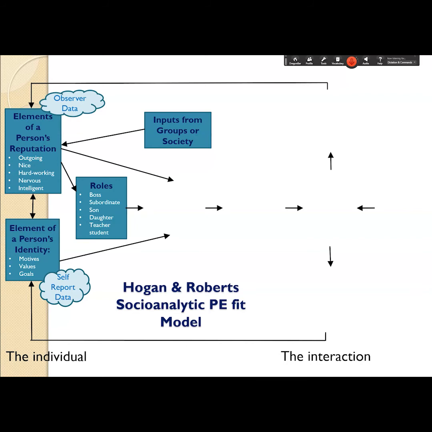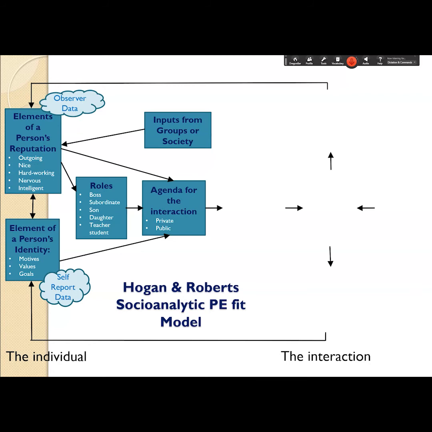Are you a boss? Are you a subordinate, a son, a daughter, teacher, student, etc.? In any interaction, people take on specific roles. Now, in any interaction, there's also an agenda. And there are two kinds of agendas, a public agenda and a private agenda.